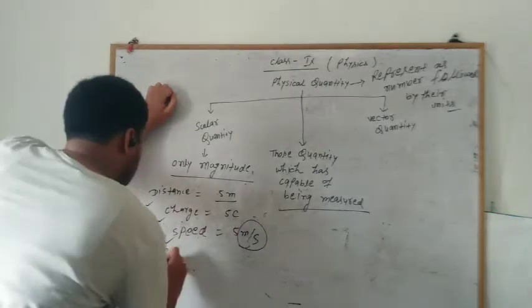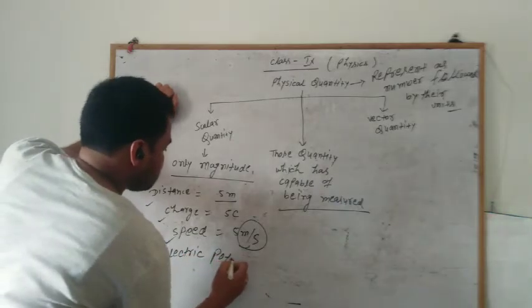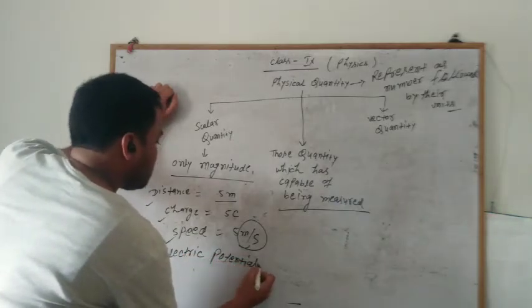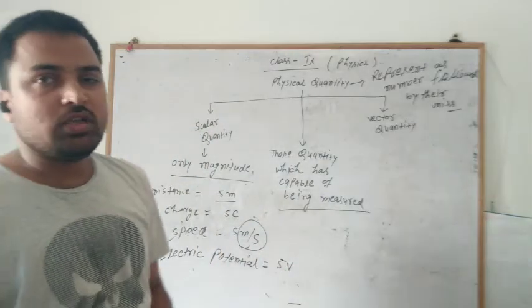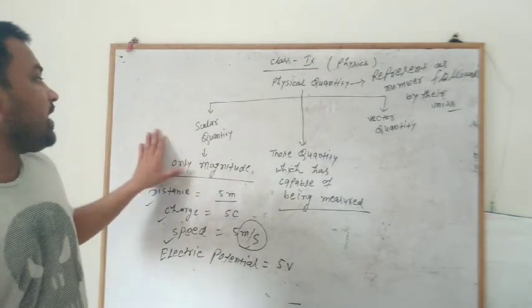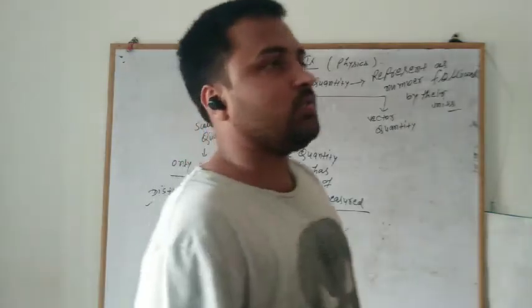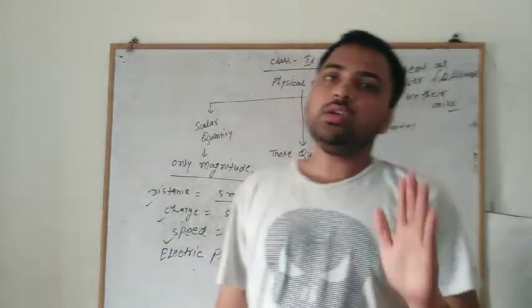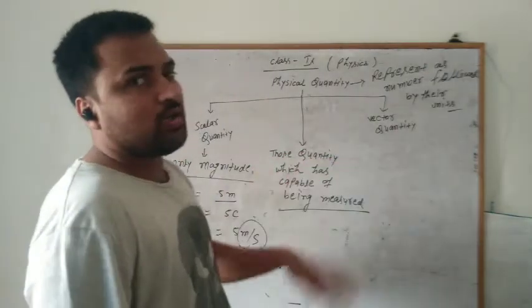Electric potential is also a scalar quantity, like 5 volt. So electric potential is also a scalar quantity because it has only magnitude. Okay, so we can say that a scalar physical quantity is a physical quantity which has only magnitude. Okay, now what is a vector quantity?